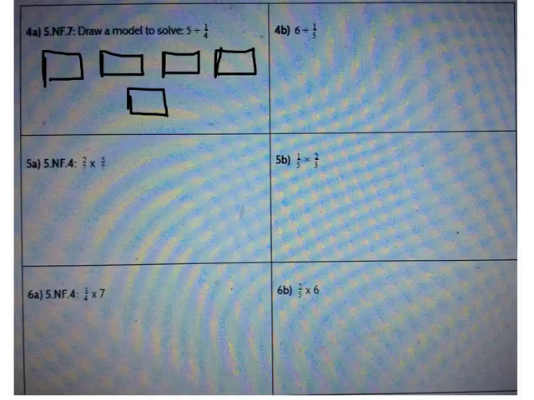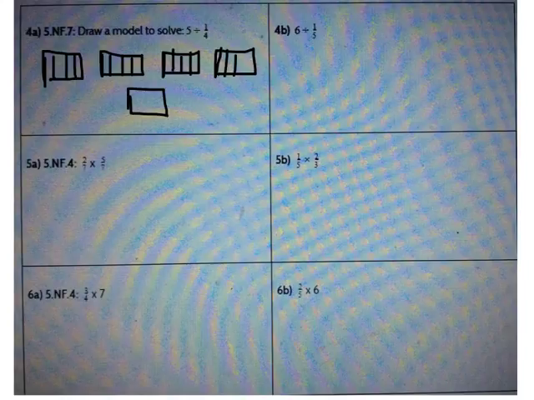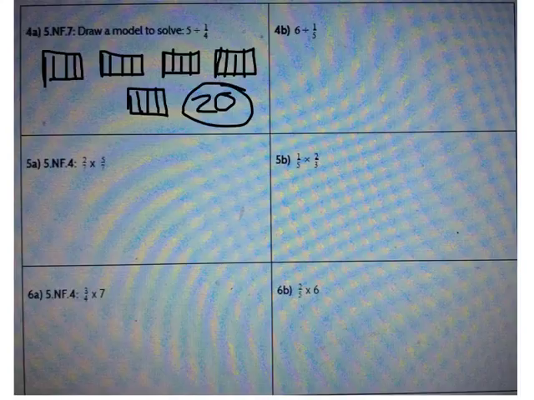You cut each hole into 4 pieces. Cut each hole into 4 pieces by drawing 3 lines, because the denominator is 4. Now I can count the pieces to see how many 1/4 are inside of 5. What's 5 divided by 1/4? How many 1/4 are inside of 5? There are 20 1/4 inside of 5.